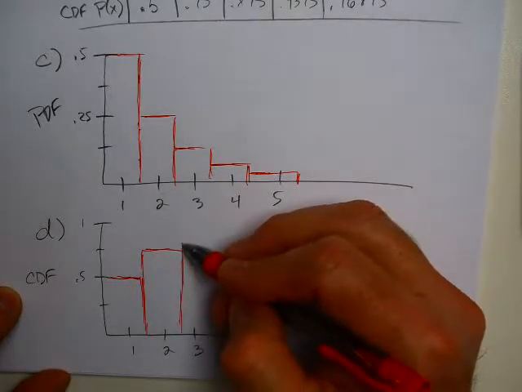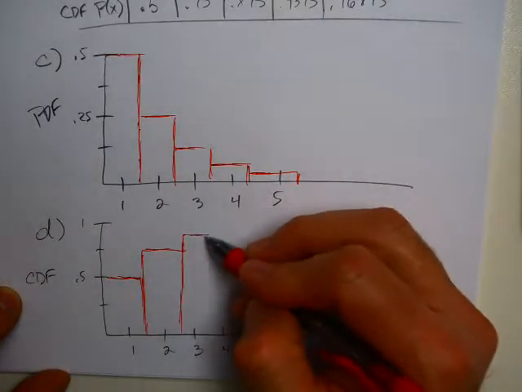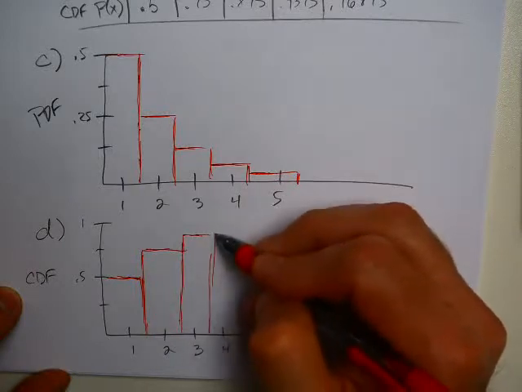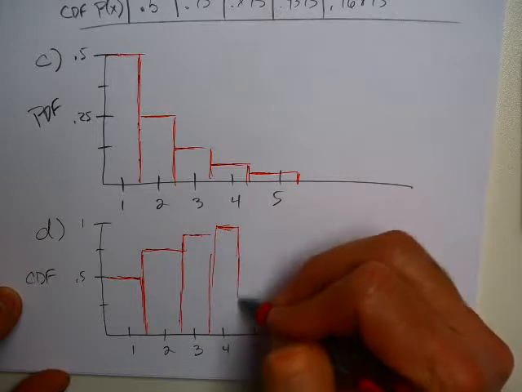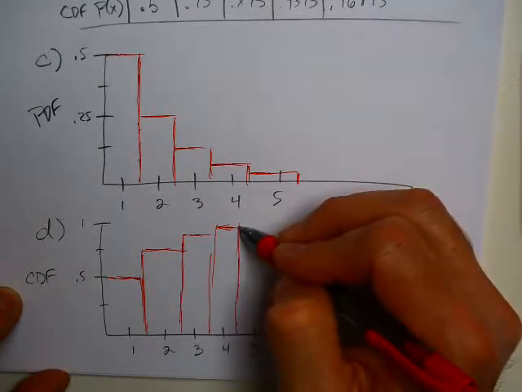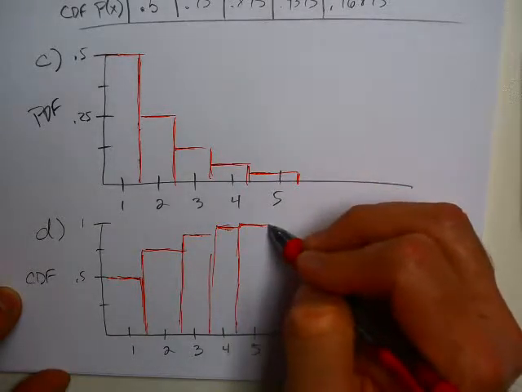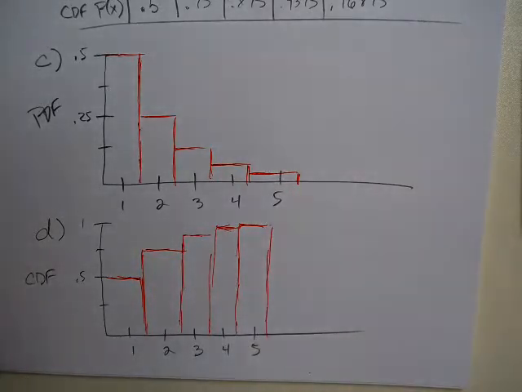And then half again the distance up to 1, and then half again that distance, and then half again that distance. As I'm going, I'm getting closer and closer to 1, but I just never quite get there.